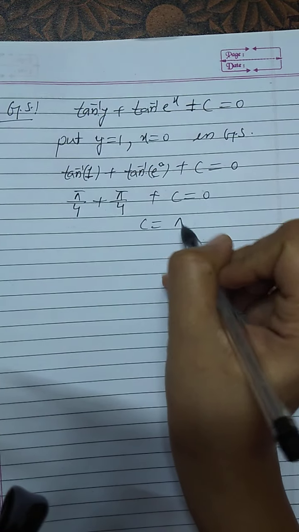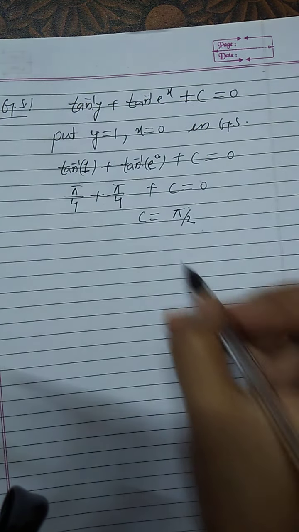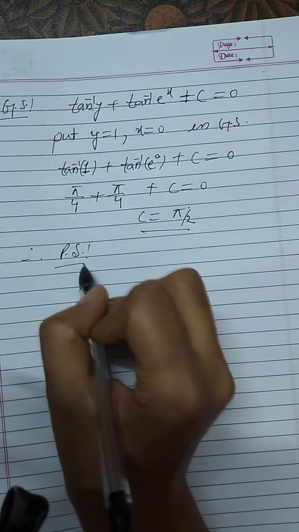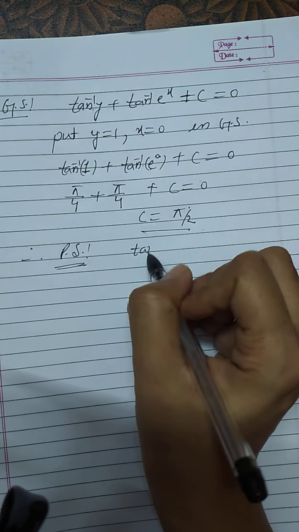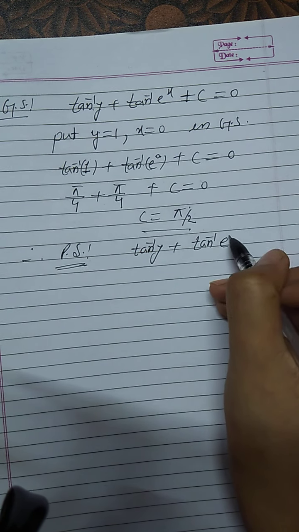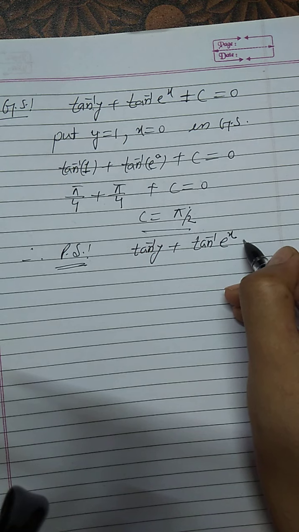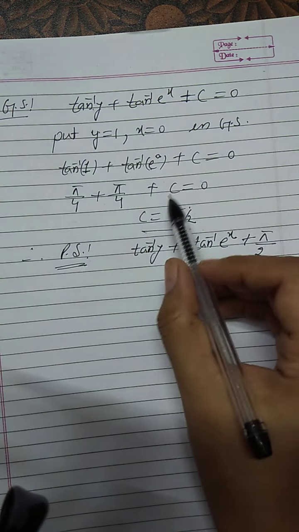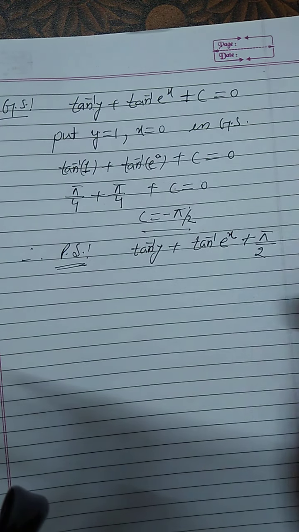So the value of c comes out as minus pi by 2. Therefore, the particular solution will be tan inverse y plus tan inverse e^x minus pi by 2 equals 0.